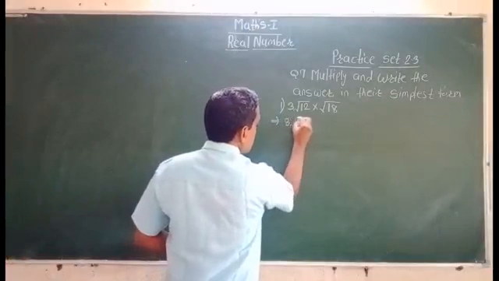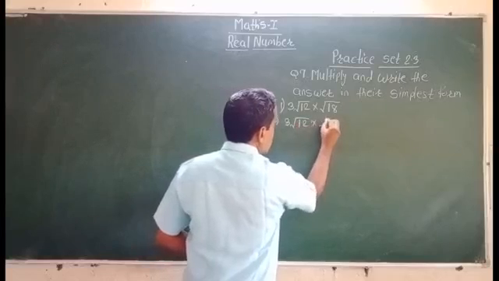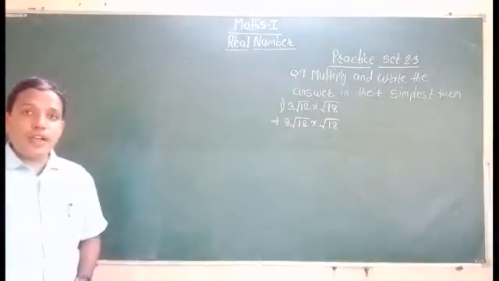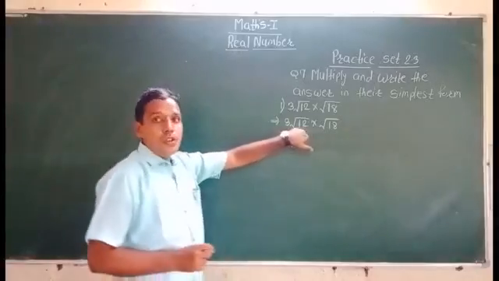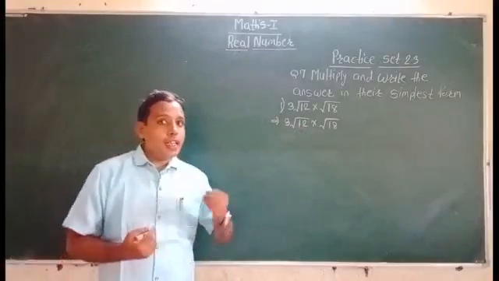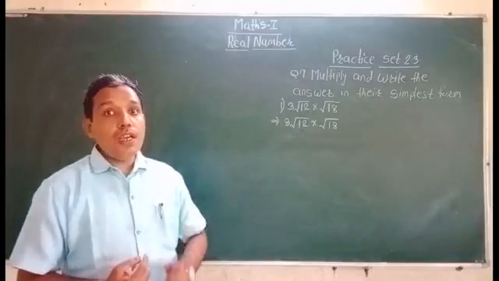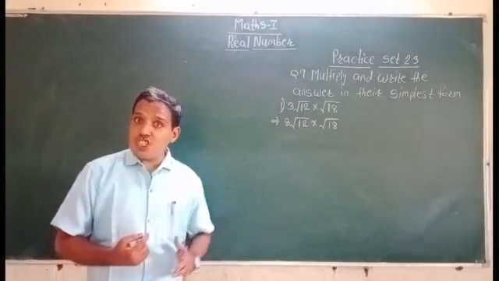3 surds 12 into surds 18. So we will simplify that surds 12 to its simplest form, and in that simplest form we get one number that is a perfect square number, if it is possible.